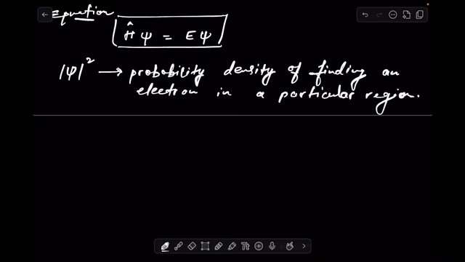How are we going to find the electron in a specific region? What is the probability of finding that electron in the specific region? It's given by psi square. So basically psi square is specifying the orbital.